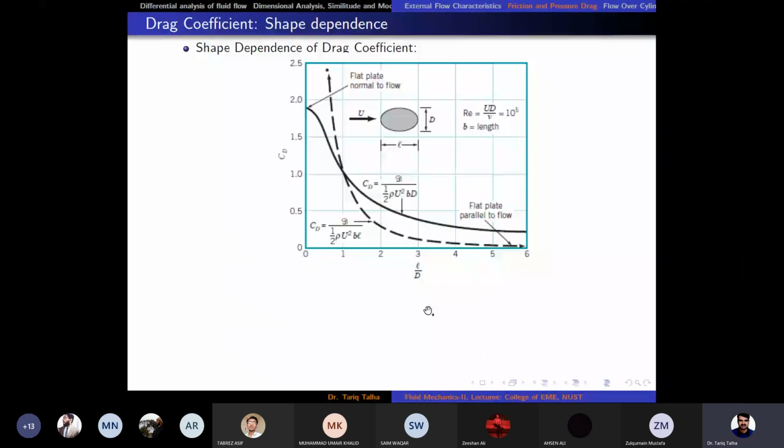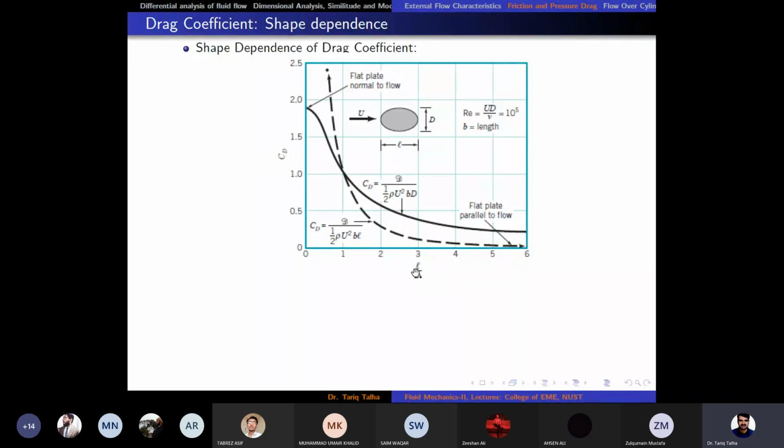After that, we discussed how this drag component changes for a semi-blunt body like a sphere or cylinder. Here L upon D, where L is the length and D is the diameter. The diameter D tells you about the frontal area, and the length tells you about the surface area.